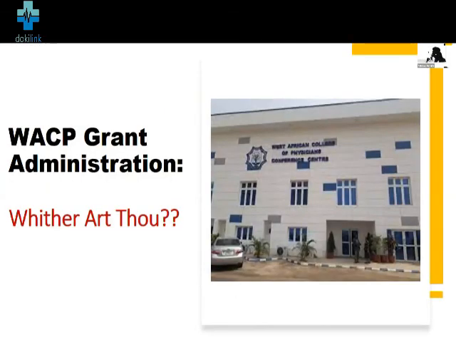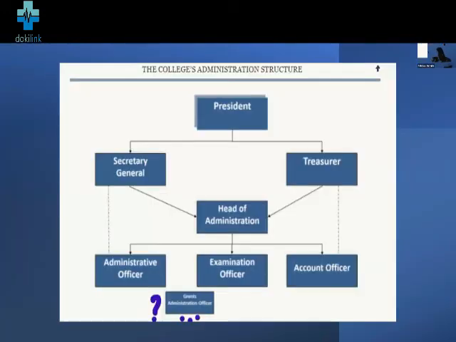Next slide. And then I asked myself, like Professor Karaye has been asking himself as well, where are we in West African College of Physicians? We are a training institution. We are a research institution. Next slide. And that took me to the website of the college. And I found this organogram on the website. And I began to ask myself, where exactly is the grant administration officer?